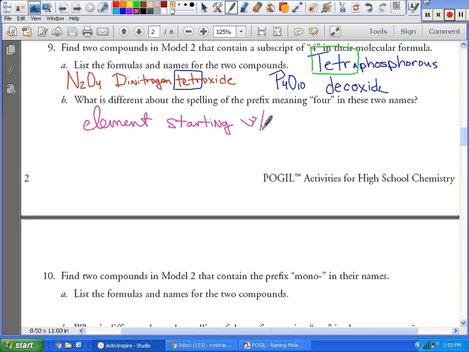Drop the A on the prefix. Now, so let's think about this out loud for just a second. How many nonmetals begin with a vowel?